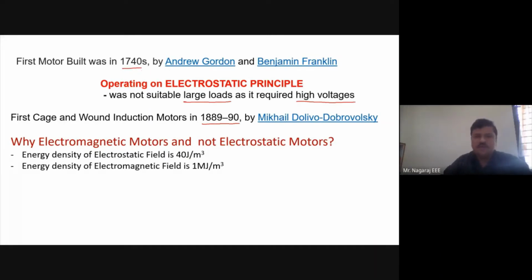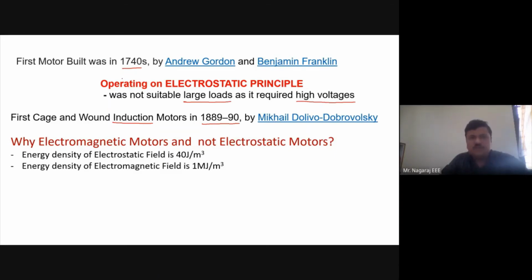But after the 1890s, commercially the motors were used in all aspects of technology. Okay. And this was an induction motor. This is very important. Okay. There are two types of motors, induction motors and conduction motors.